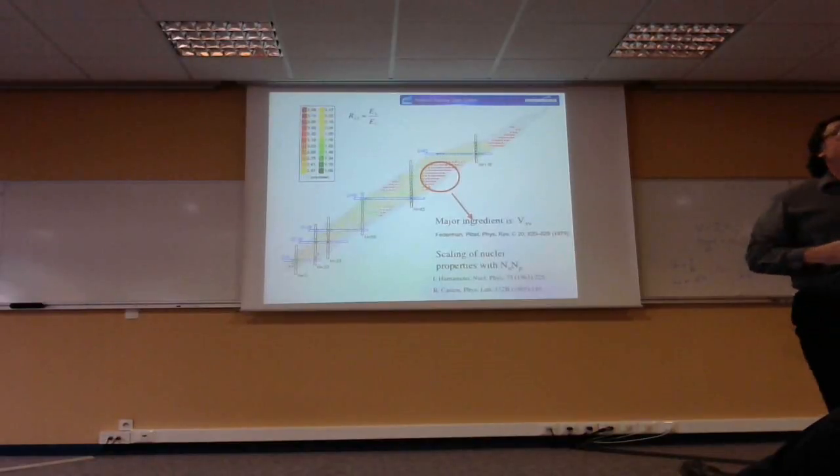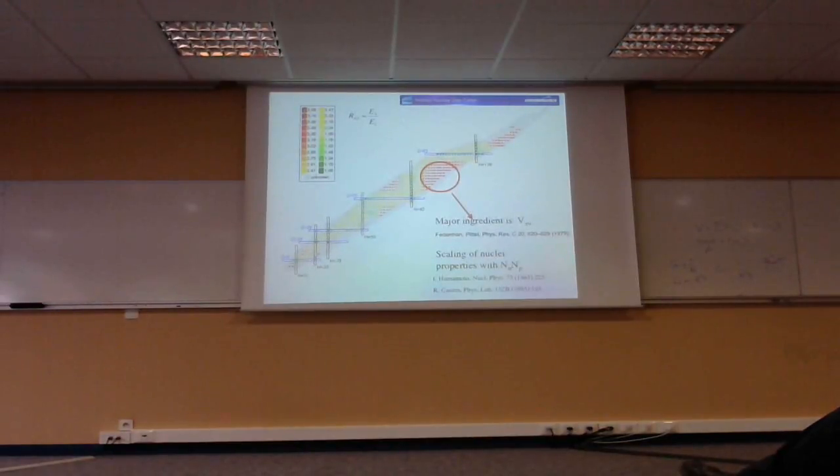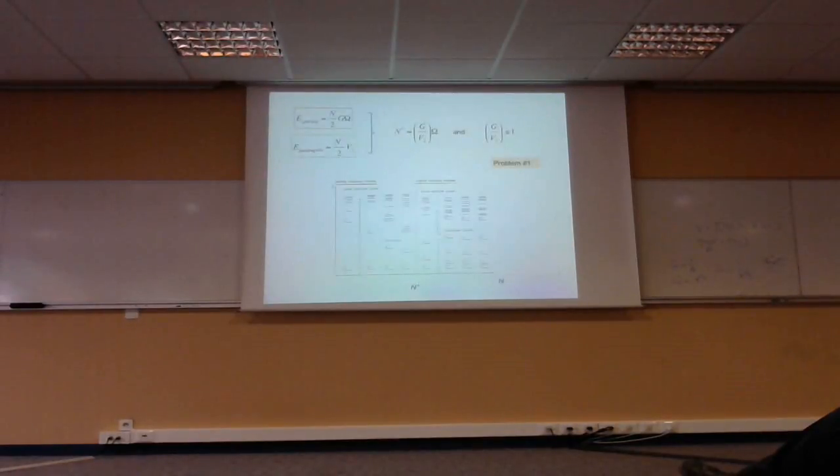They are very strong, and that makes that V2 in this simple picture very large, and it drives the system to be dominated by the quadrupole.